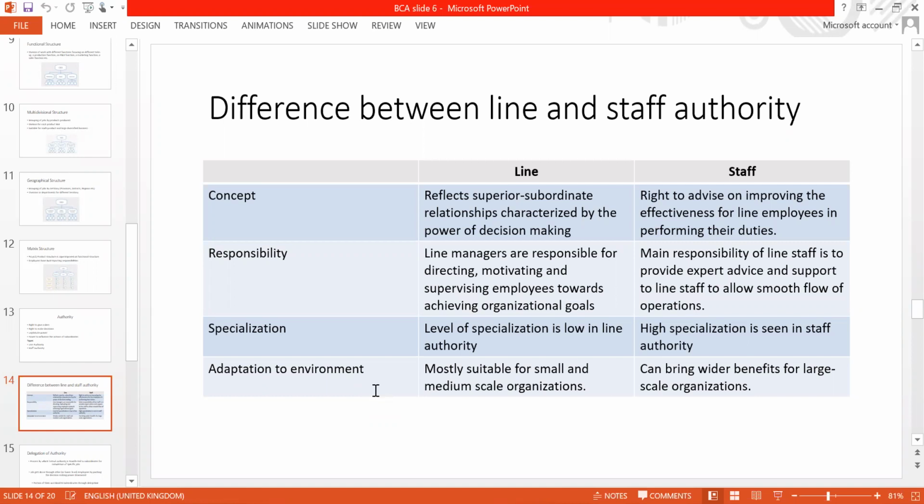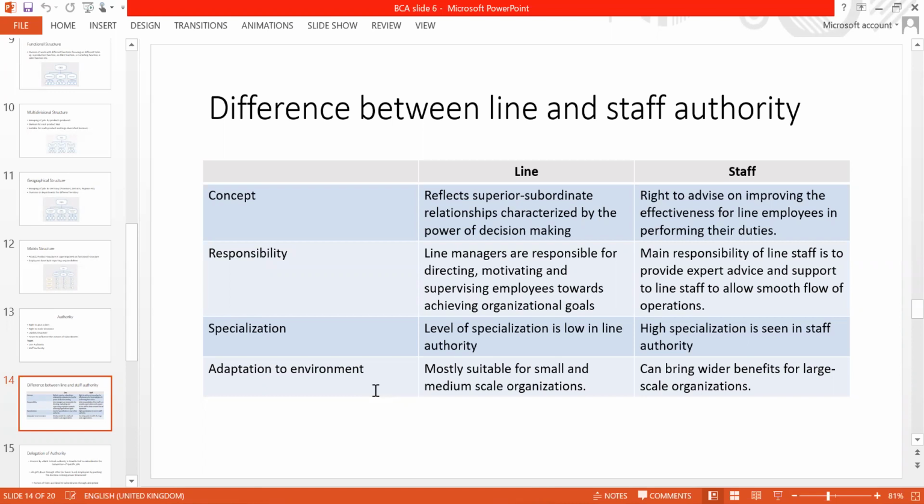There are faculty members, and on top of that you have the head of department. Then over the head of department you will have, let's say, a vice principal, and above the vice principal you have the principal. So this is the scalar chain that you see, and the superior will motivate, direct, and order the subordinates.